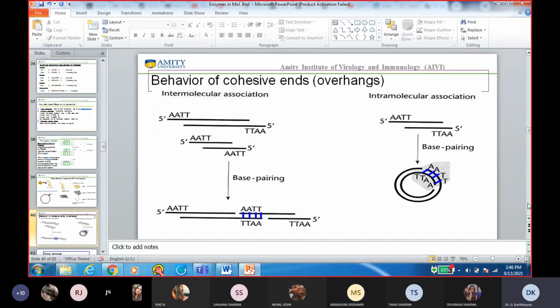We saw when we do restriction enzyme digests, most of them are at 37, but some of them need 25 degrees centigrade. Unfortunately, when we do ligation reactions, we end up doing them at 4 degrees centigrade. Any idea why we do ligation reactions at 4 degrees centigrade?